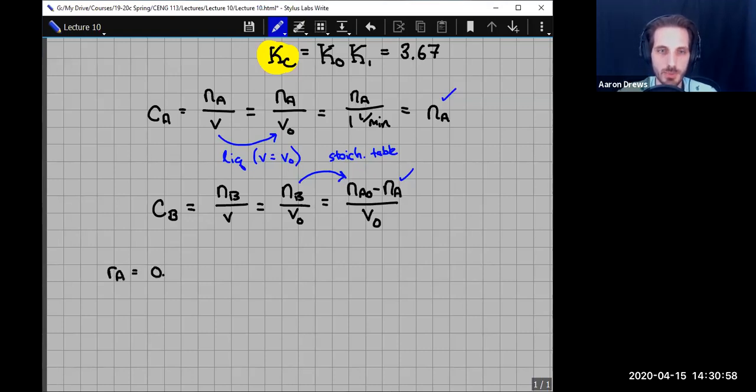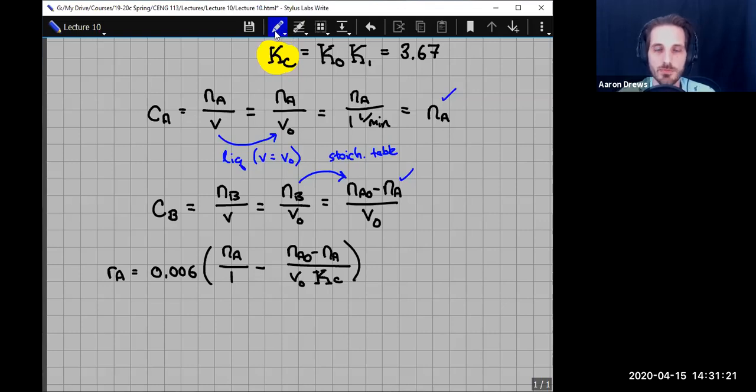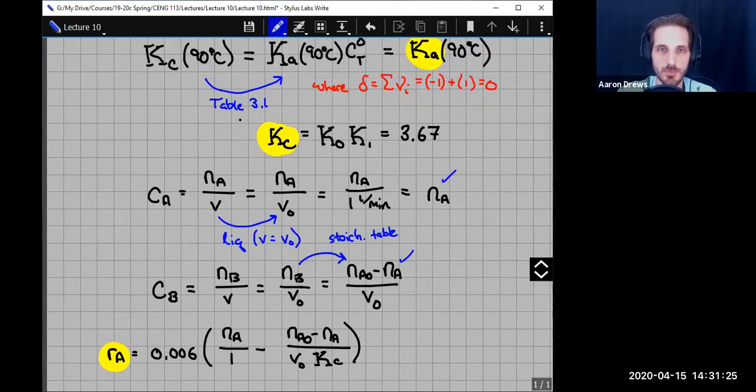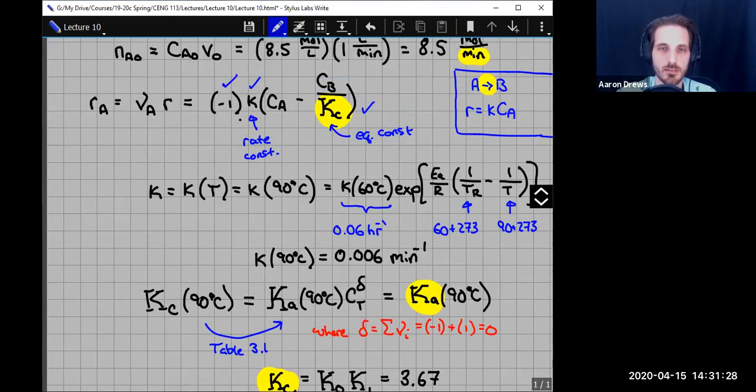So R sub A would be equal to 0.006, that's our K, in units of inverse minutes. Our C sub A is N sub A over 1, and then we're going to subtract off C sub B, and C sub B is NA0 minus NA divided by V0, and then that gets multiplied by our K sub C. Right, so this version that I just wrote here for R sub A is exactly the same R sub A that I wrote up here.